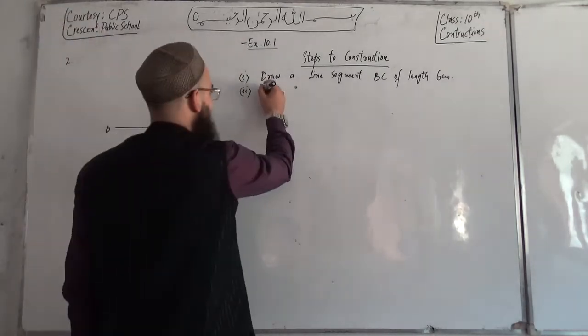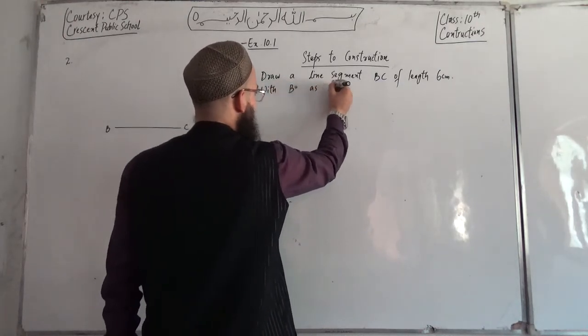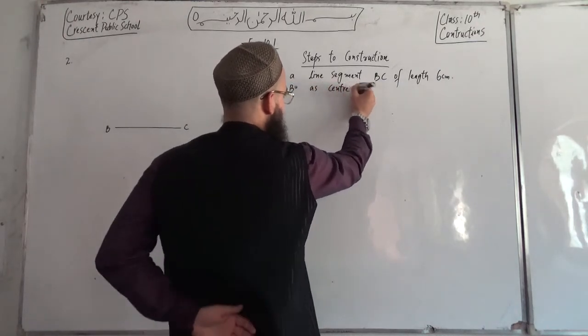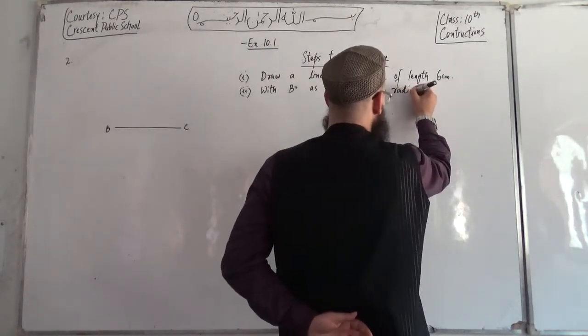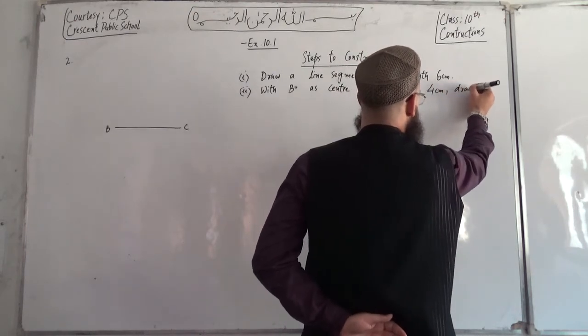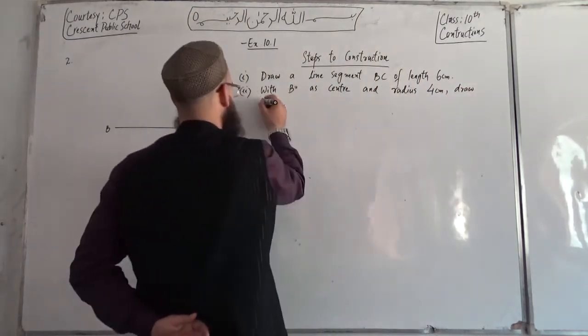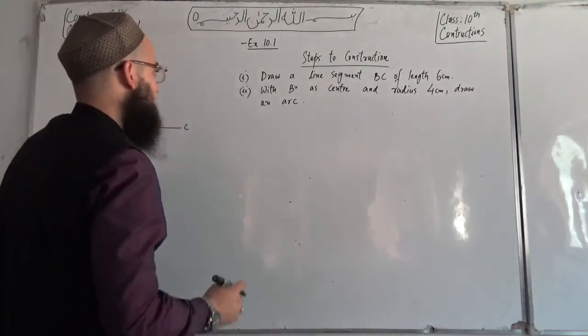Then the next one: with B as center and radius 4 centimeter, draw an arc.